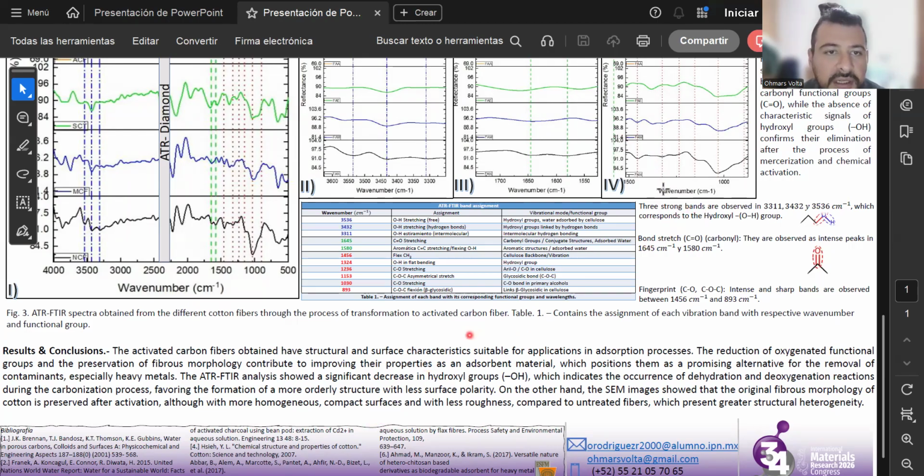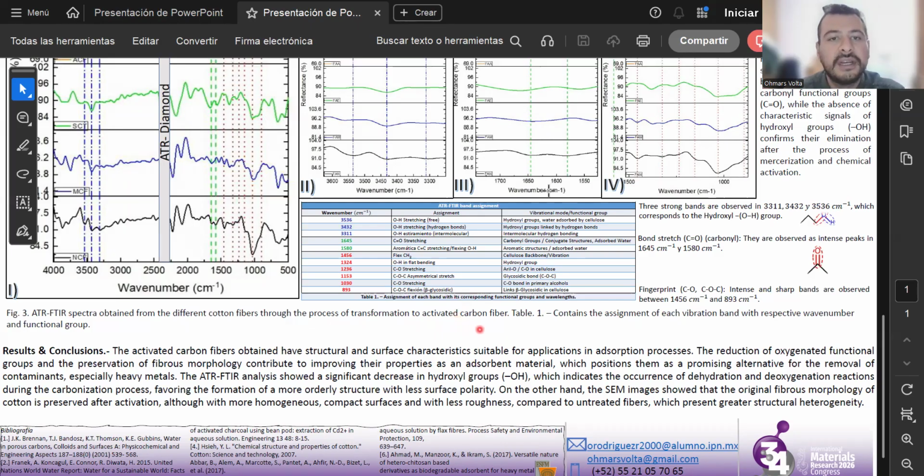In conclusion, as we know from these results, the activated carbon fibers obtained in this work exhibit promising structural and surface characteristics for environmental applications, and the combination of ATR-IR spectra and scanning electron microscopy confirms both the chemical modification of the cellulose and the preservation of the fibrous morphology after activation.